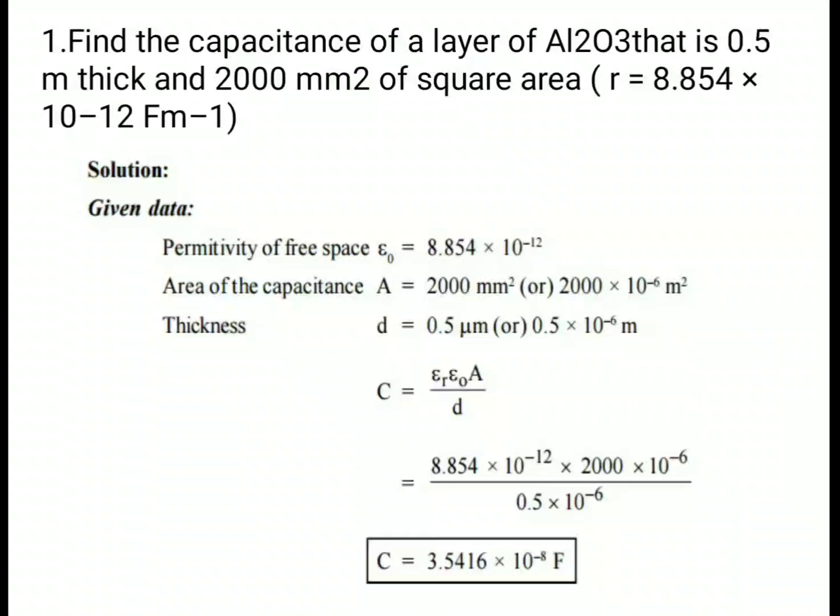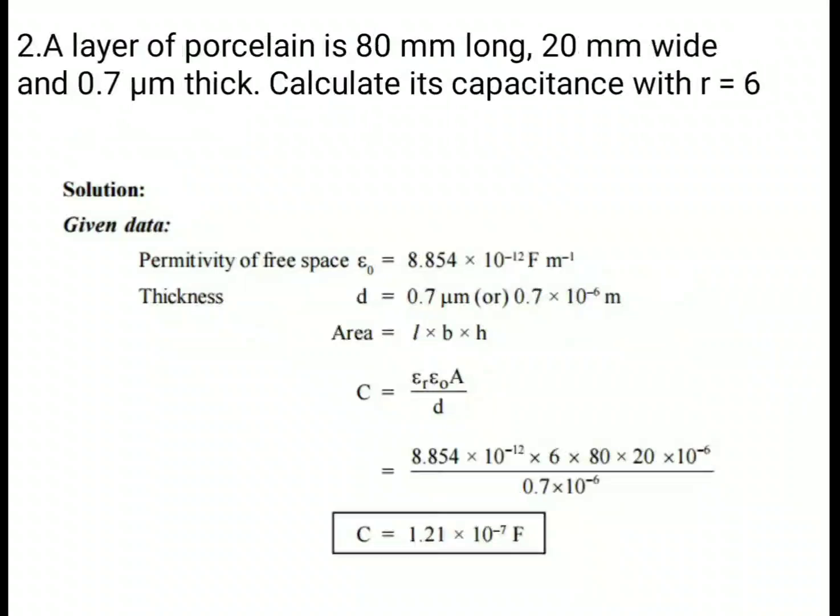Now the next problem is, a layer of porcelain is 80 mm long and 20 mm wide and 0.7 millimeters thick. Now calculate its capacitance with epsilon r equal to 6.